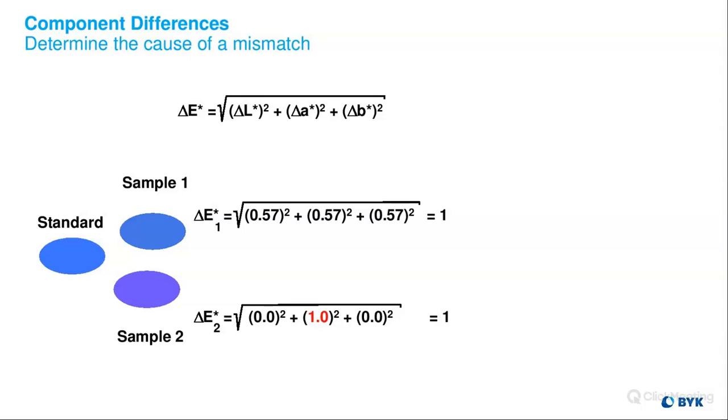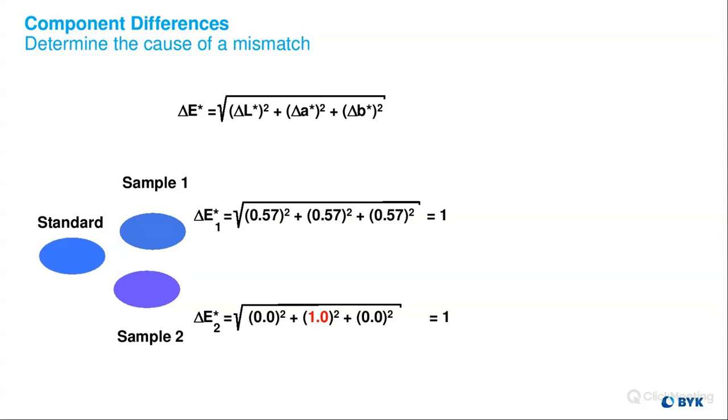So in this example, if I look at the standard and then I look at sample 1, I have a delta E of 1. In the industry, normally anything under a delta E of 1 would be considered okay, and anything over 1 would be considered not okay.